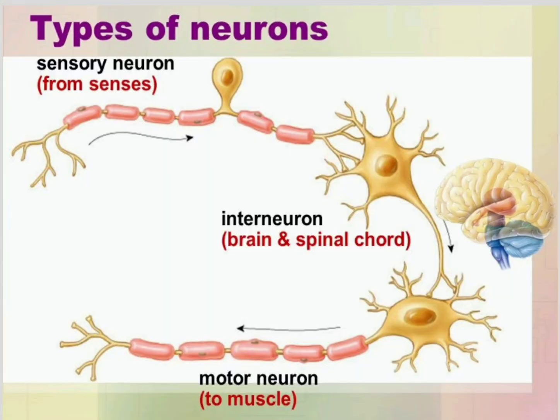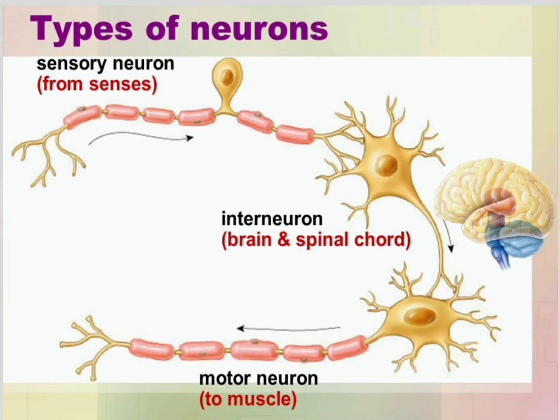Now let us have a look at the types of neurons. Your neurons are of three types. The first one is called sensory neurons.